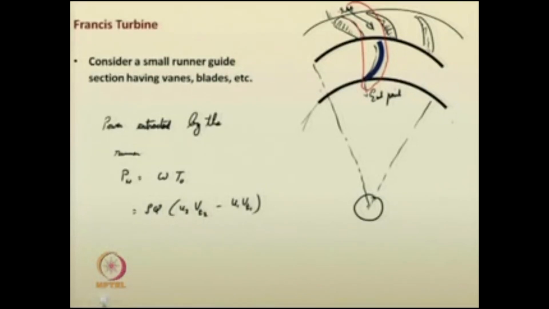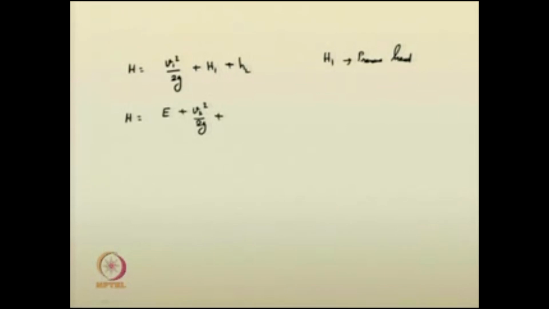You can also see subsequently head V1 squared by 2g plus h1 plus hL, where h1 you can suggest as the pressure head between two sections, at the outlet section E plus V2 squared by 2g plus hL.